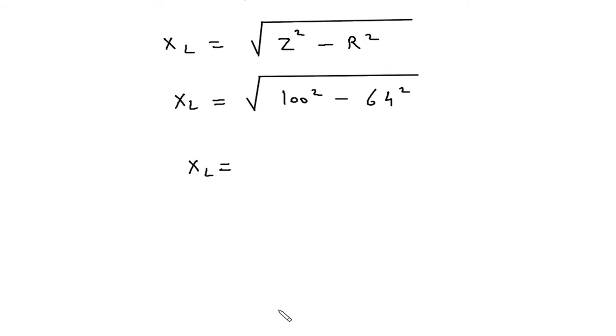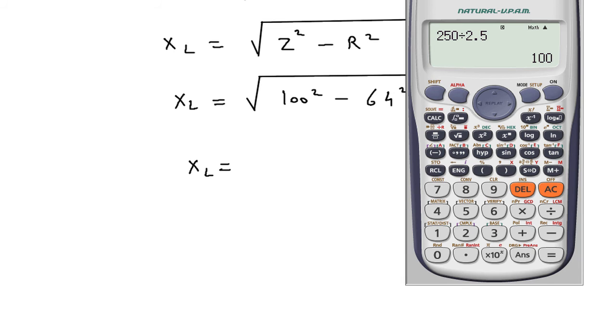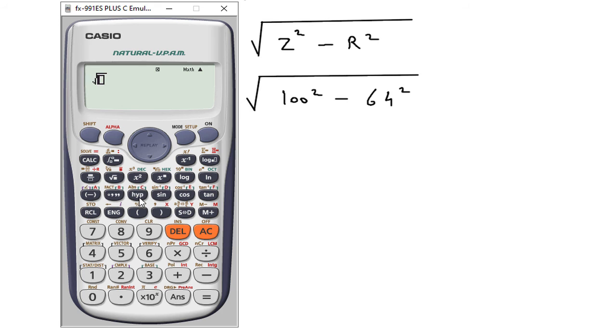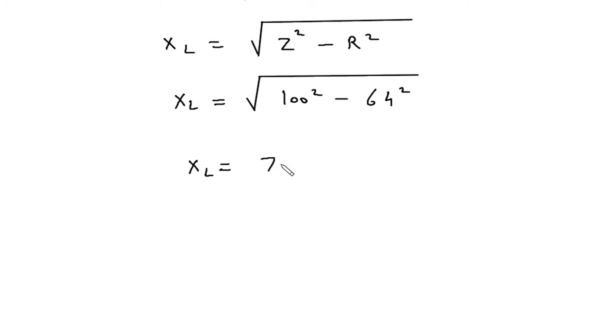So therefore XL is equal to under root of 100 square minus 64 square and it is 76.83. Now its unit will be ohm.